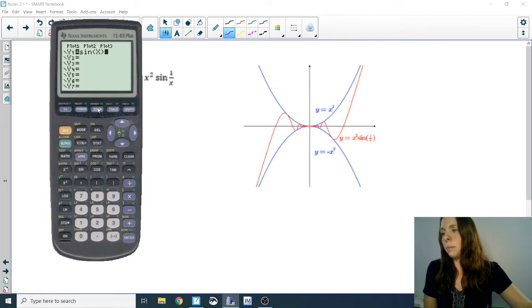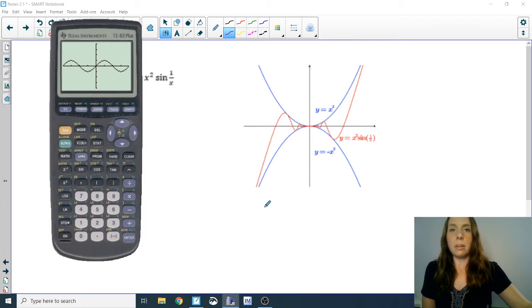I'll do a zoom 7 trig viewing window. And I'm talking about the range again, like what are the values that come out of sine of x? They are always somewhere between -1 and +1, right? And cosine is the same, it's just shifted. So that's a starting point that you can use if you're going to try to do a sandwich theorem.